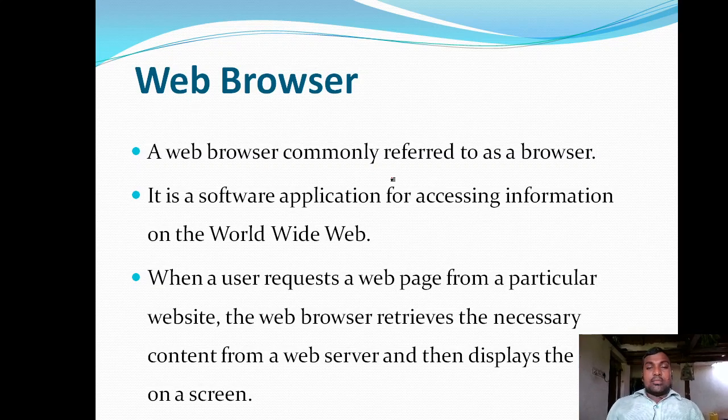Web browsers are commonly referred to as browsers. So we can simply call it a browser. Web browser, both are the same. A browser is a software application for accessing information on the World Wide Web.